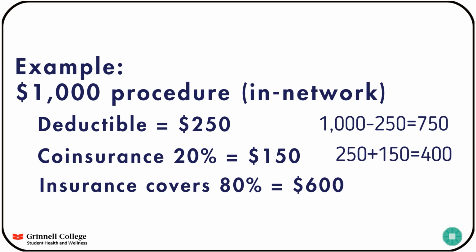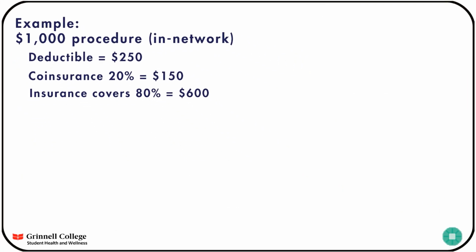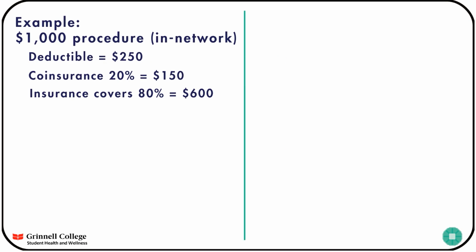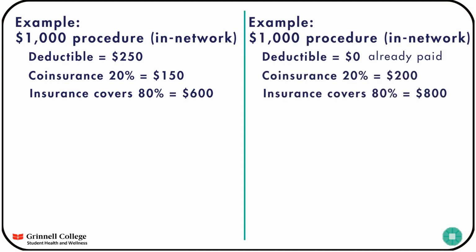So on the student health insurance, a $1,000 procedure with an in-network provider, you would end up paying $400. Insurance would pay $600. What if we had the same example, but you've met your deductible? When you meet your deductible, that means that you've already paid the $250 for something else. In that instance, insurance would pay $800 and you would pay $200.